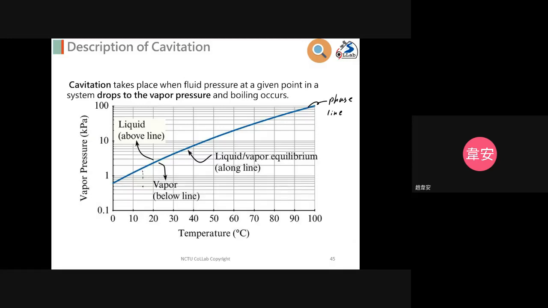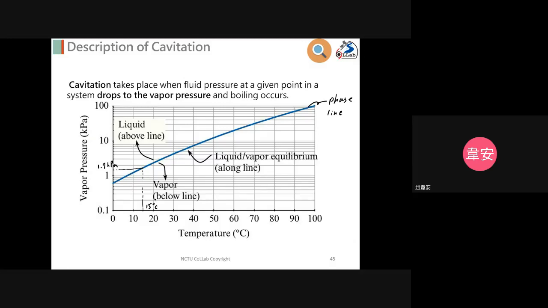If you look at the environment temperature of 15 degrees, you will have a vapor pressure of around 1.7 kPa.